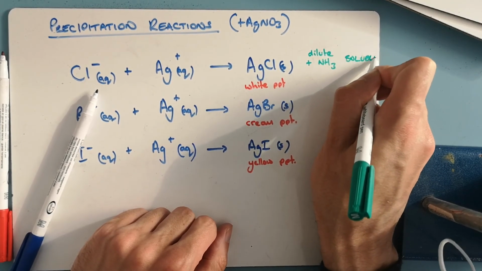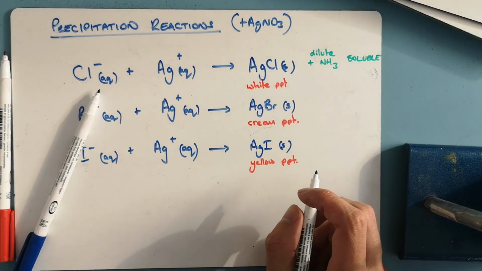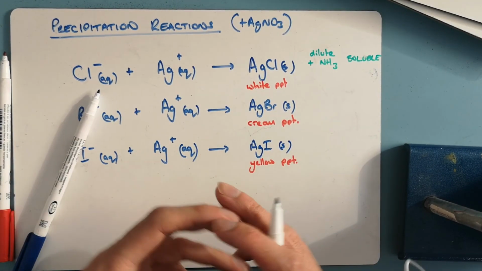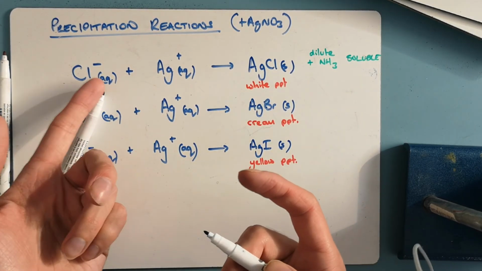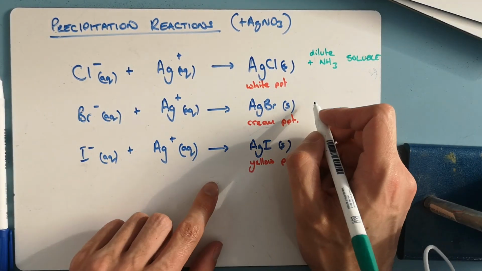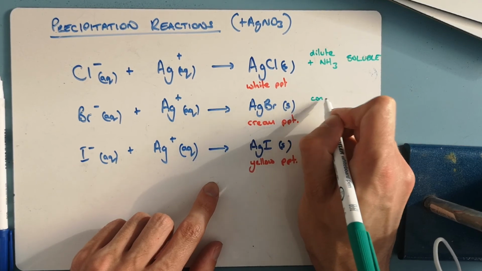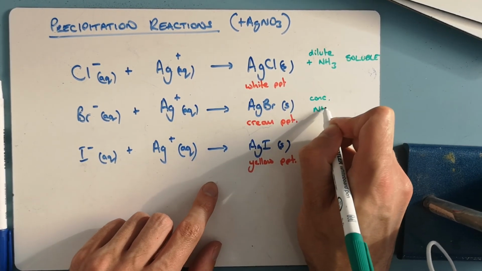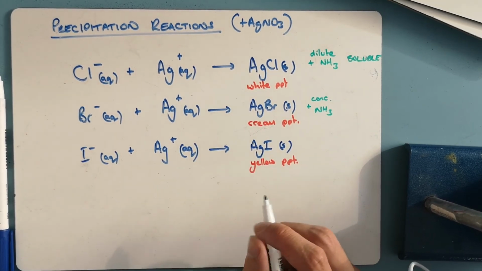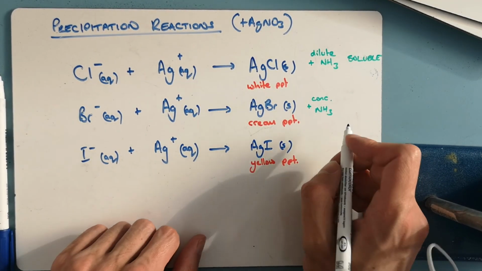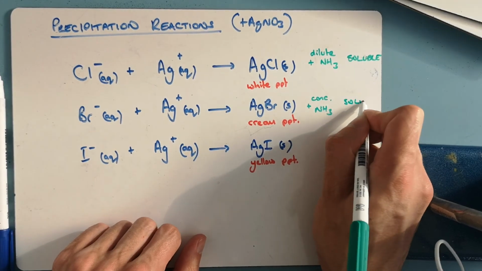So add a few drops of NH3 after you've done this reaction. If the precipitate dissolves, then you know it's the chloride. Now, if you have to switch to concentrated NH3, so maybe you've added a few drops of the dilute and it's not really dissolved, then add a few drops of the concentrated NH3 and then it dissolves.